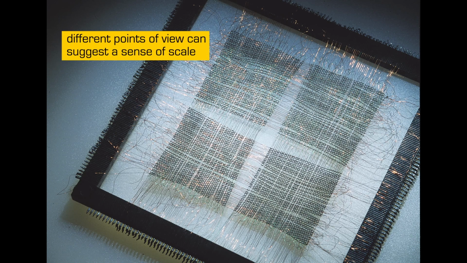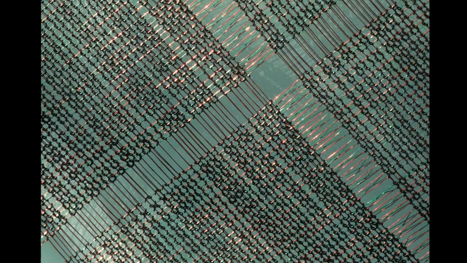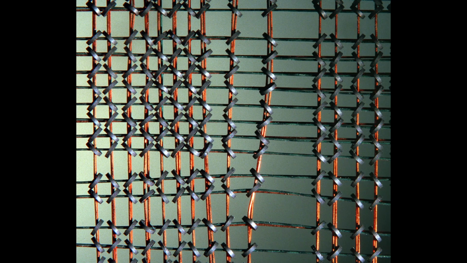And another way you might present an idea of scale is to show something from various points of view as we zoom into the material. So here is that old computer memory core we saw before, something I'll bet most of you haven't seen before this class. And in the next image, I made the picture with a 105 lens, getting closer to the material. And again, here I'm coming even closer with another tool, something called a stereo microscope.